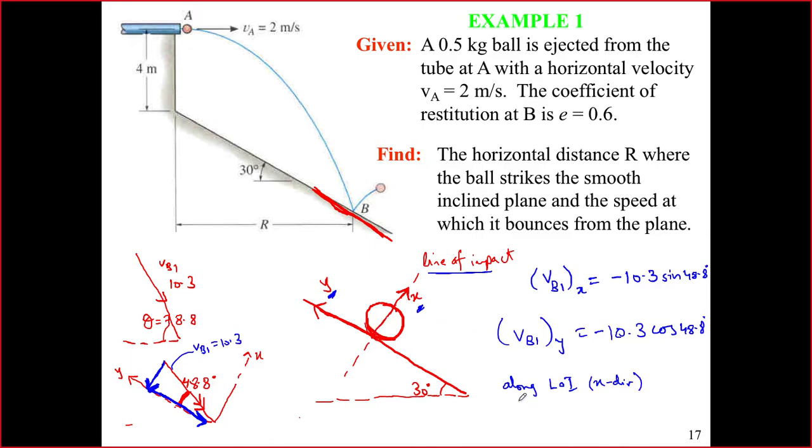That means along the line of impact we have conservation of momentum for the system, and we have our second equation, which is the coefficient of restitution.